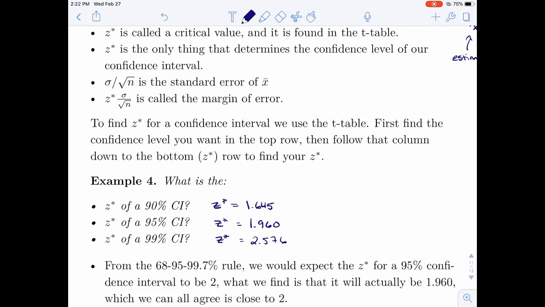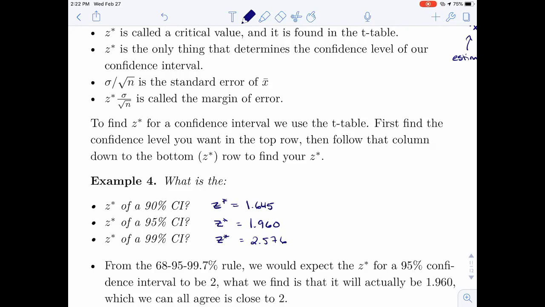So what the confidence interval is doing is it's just capturing the central, whatever percentage of data that you want to look at, right? If you want to build a 90% confidence interval, it'll capture the central 90%, 95, central 95%, etc. So I've got it down here, from the 68, 95, 99.7 rule.